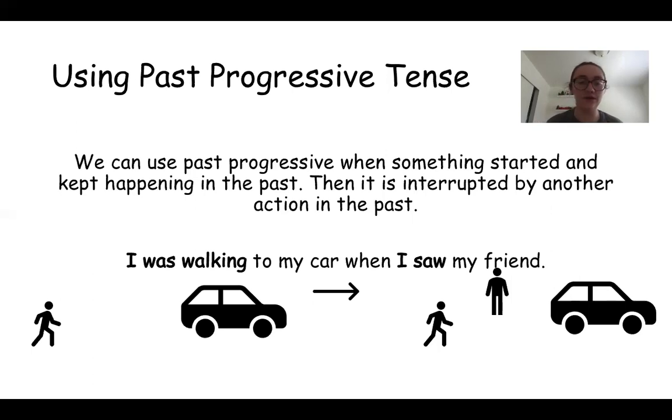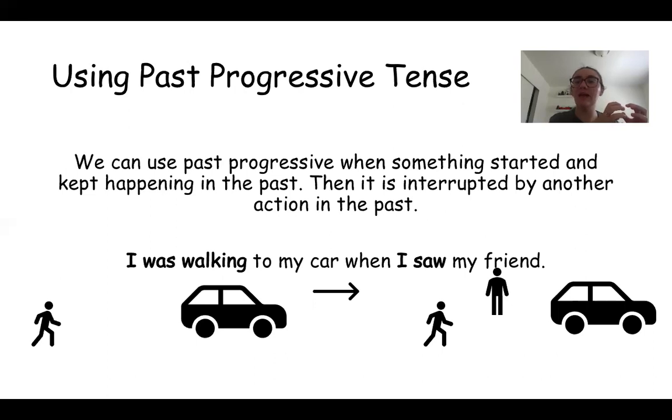So for example, if we said, "I was walking to my car when I saw my friend." The reason we use the past progressive right here is to let people know that you're focusing on the fact that something was happening continuously. Something was going on, right?